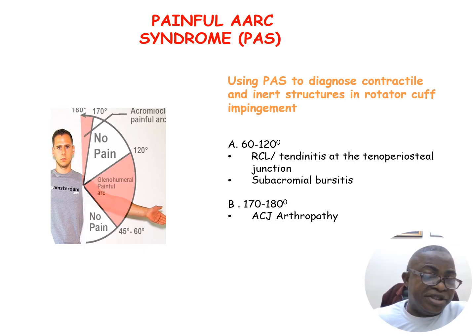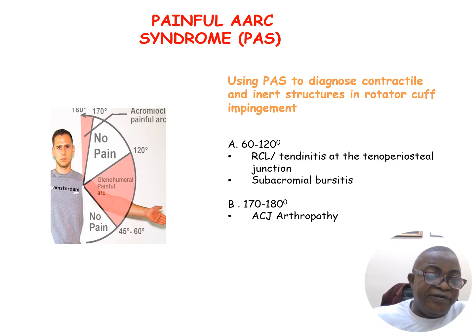So if you ask a patient to carry out active abduction, and pain comes between 60 and 120 degrees, you begin to query involvement of the rotator cuff muscles. Which one of them in particular, this test would not tell us, but it just tells us generally that the painful arc syndrome test, that's the name of the test, is an indication that something is wrong with the rotator cuff muscle whenever such test is positive.